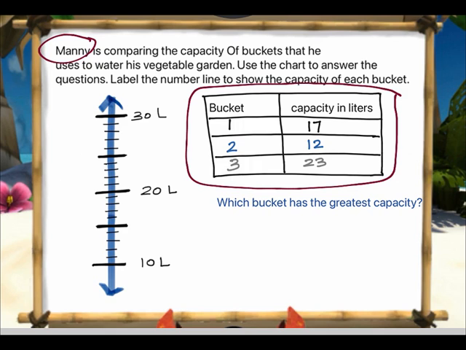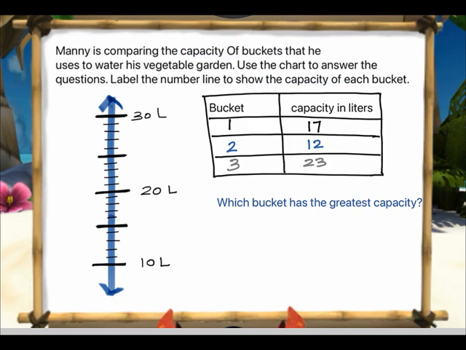Manny is comparing the capacity of the buckets that he is using. Bucket 1 can contain 17 liters of water, bucket 2 can hold 12 liters of water, and bucket 3 can hold 23 liters of water.